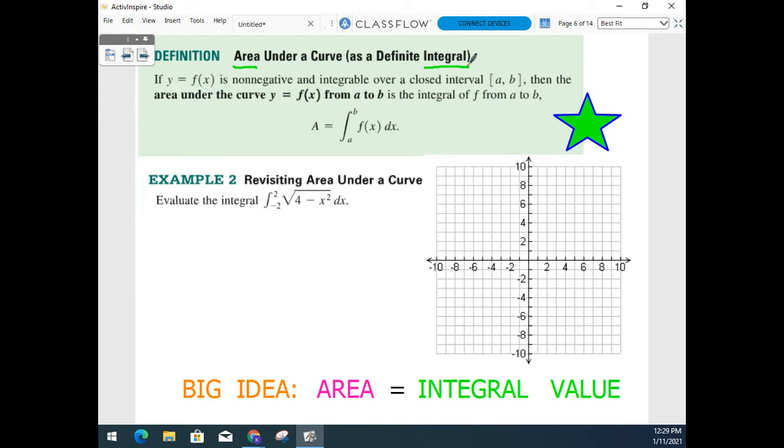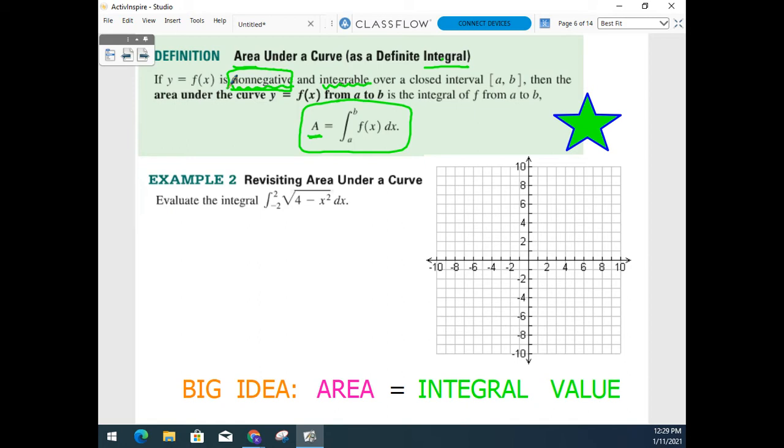If y equals f of x, first of all, non-negative and integrable over a closed interval from a to b, then the area under the curve equals the integral. The area equals the integral if it is non-negative. That's really important because we'll talk about that in just a minute.